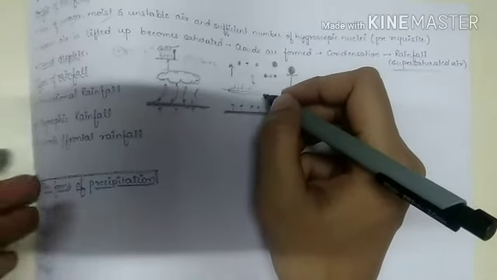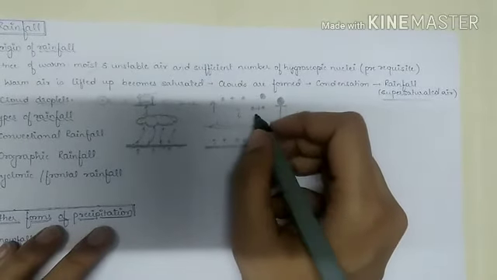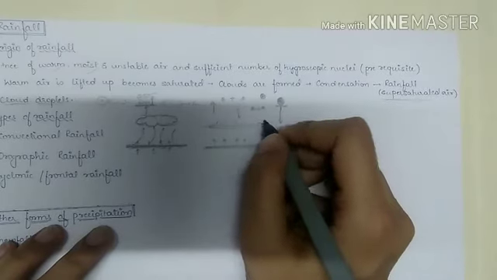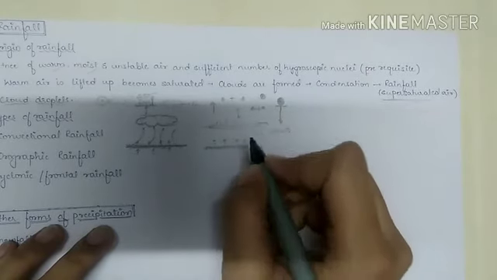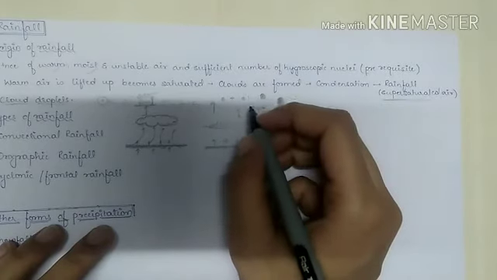Now as it is ascending beyond the condensation level, cumulonimbus cloud will be formed and the rainfall will start, but the air still continues to rise.